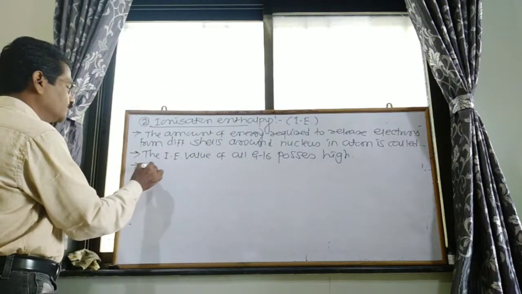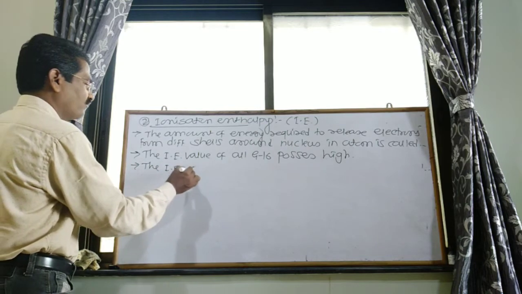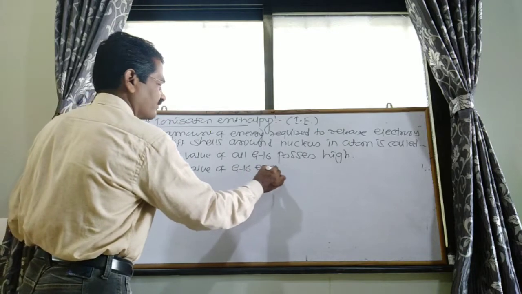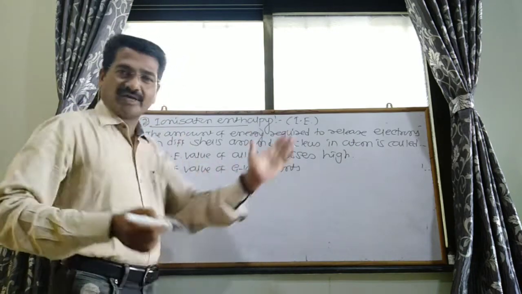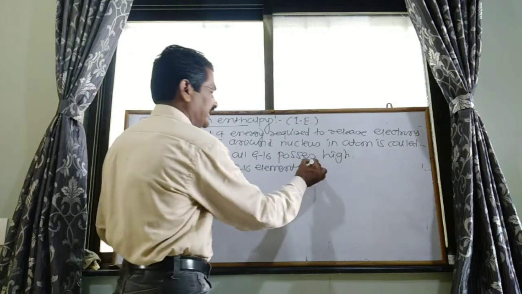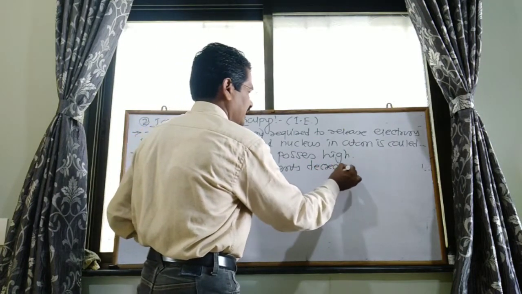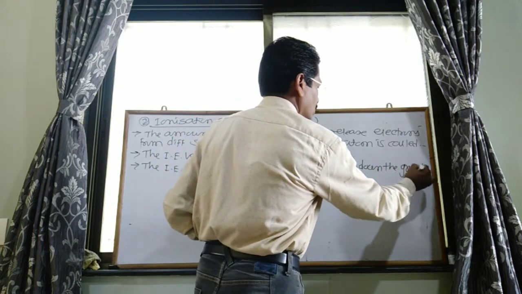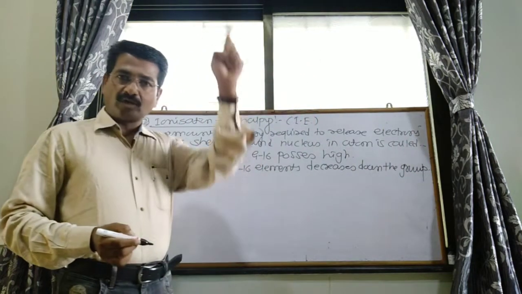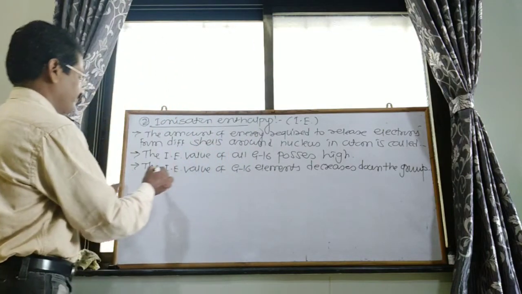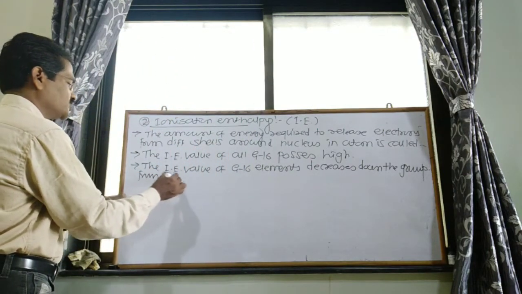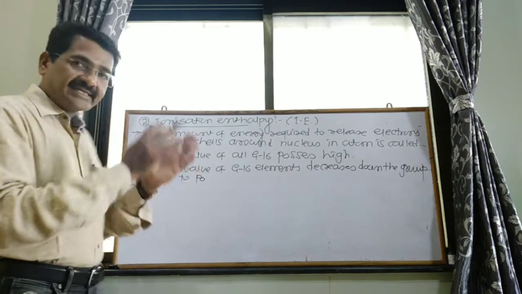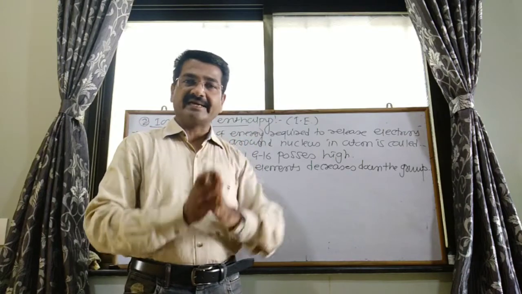The IE value of G16 elements decreases down the group from oxygen to polonium. Why does it decrease? Which is the reason behind it?